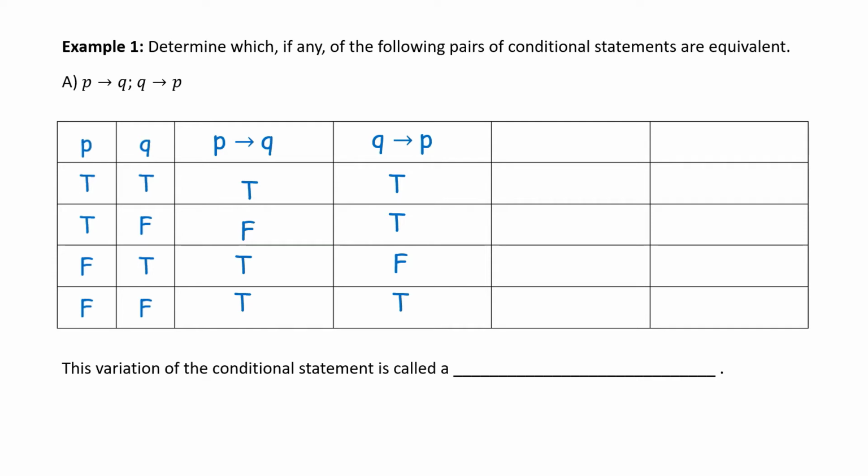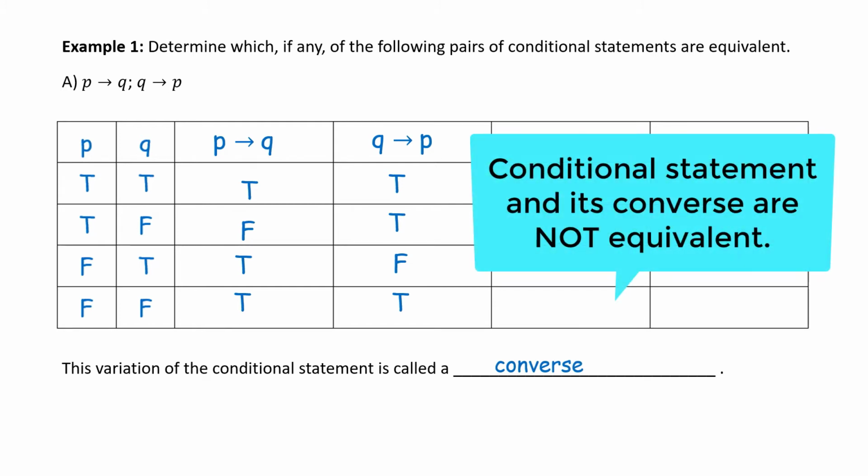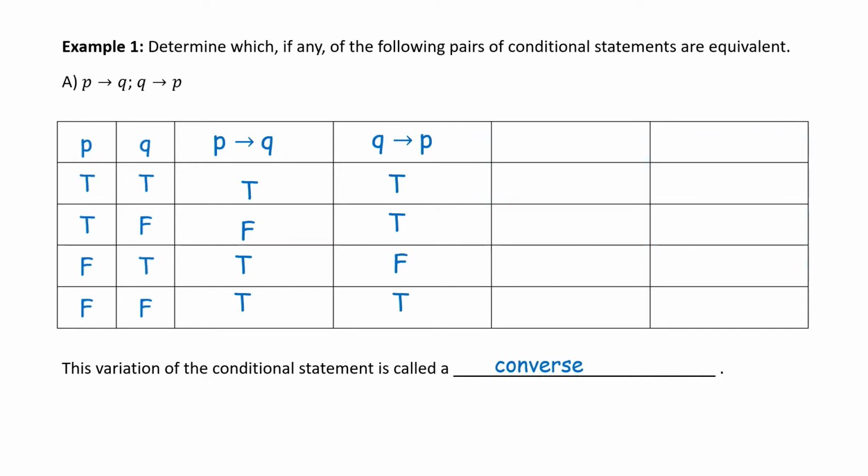The variation of this conditional statement is called a converse. It's important to note that a conditional statement and its converse are not equivalent. Notice that the final columns of the truth values for P implies Q and Q implies P are different.